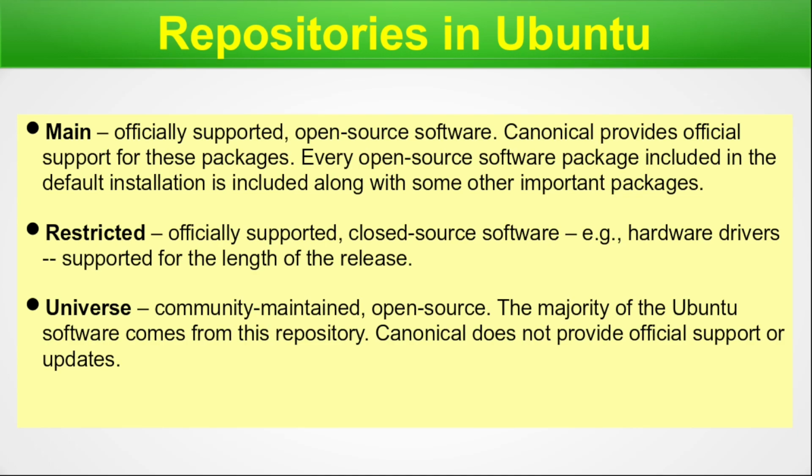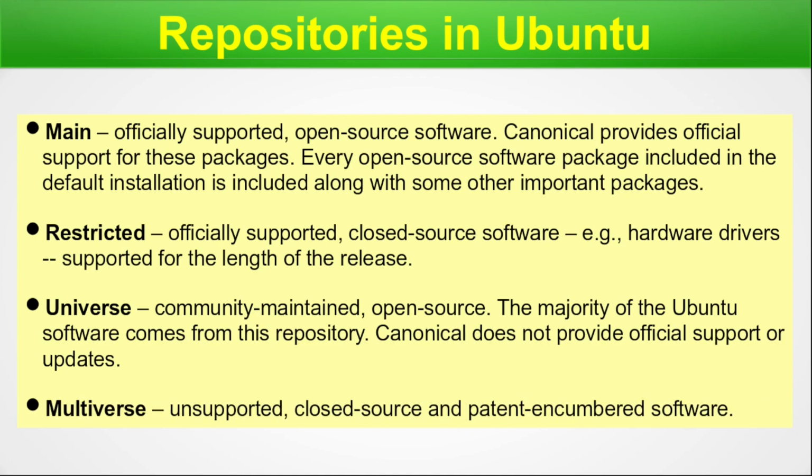Canonical does not provide official support or updates. Since these packages are contributed by the community, the main group that takes care of the Ubuntu system, Canonical, does not provide support here. Here you will get whatever is contributed and updated by the community in the universe repository. Multiverse: unsupported closed source and patent encumbered software.